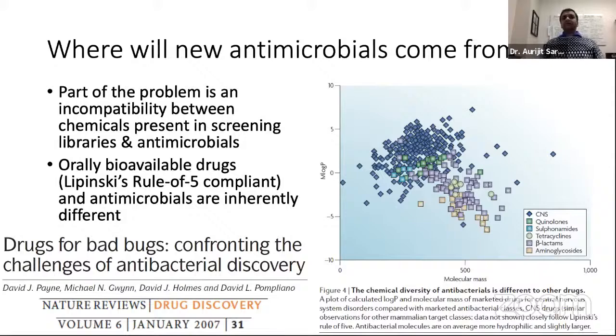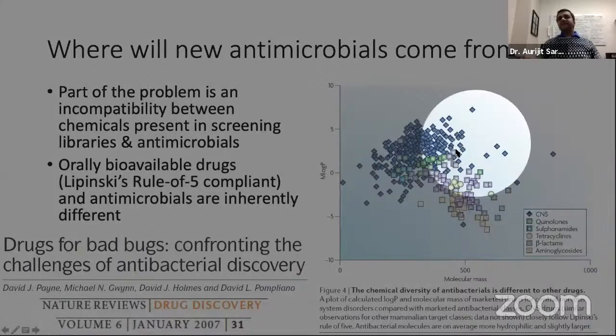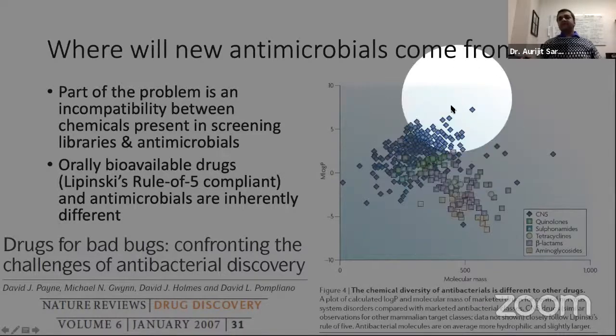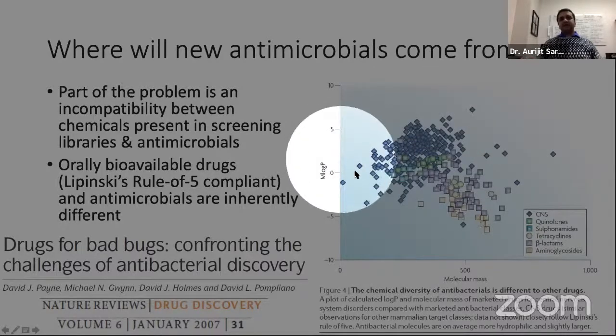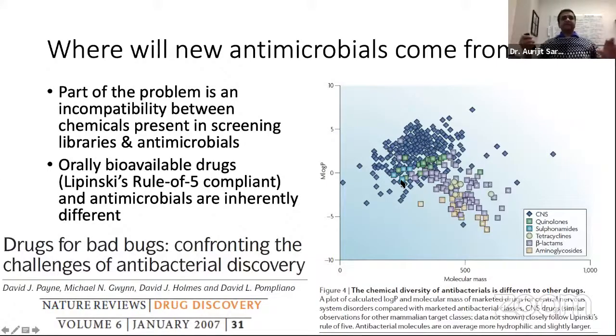So in effect, what I'm trying to say over here is that antimicrobials were shown to be extremely different in some aspects compared to the typical drug-like chemical that you would find in a big pharmaceutical company's screening library.